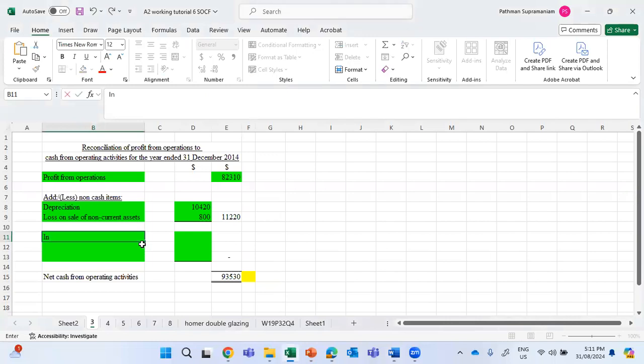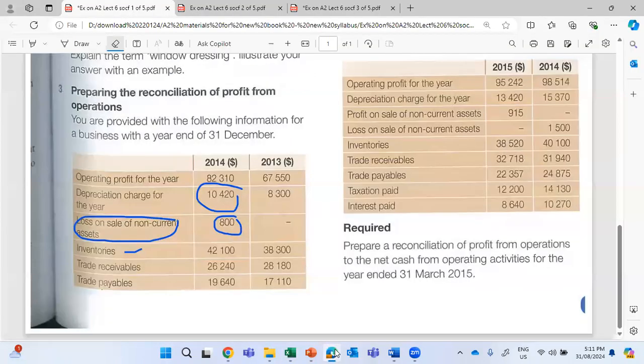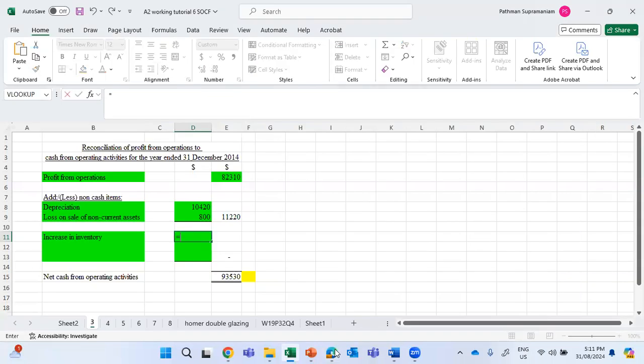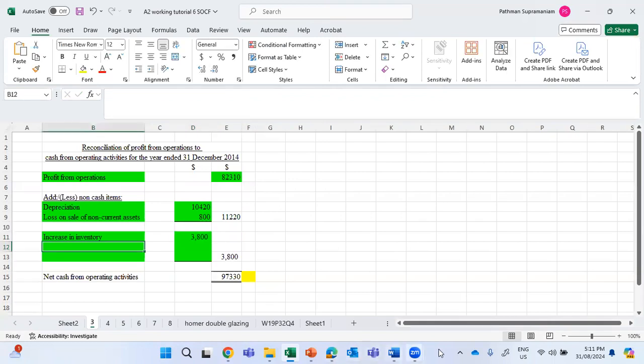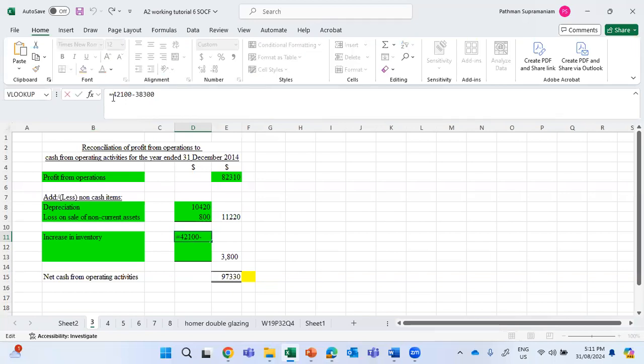So I'll put increase in inventory: 42,100 minus 38,300. Since it's an increase in inventory, it's a cash outflow, so I'll show it as negative. Remember, increase in assets is outflow.